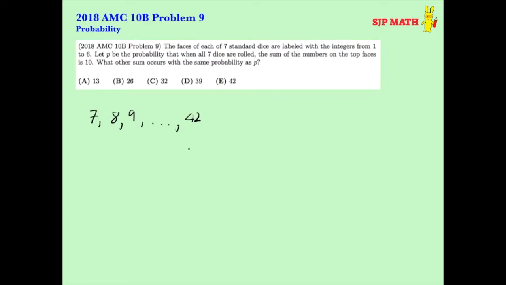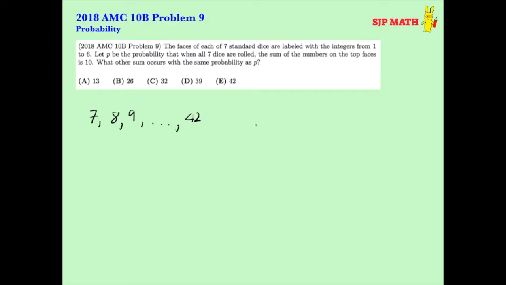We've got all the possible sums here. Now we're going to look at their probabilities so that we can find a sum that has the same probability as P, as 10. So let's change our colors here to distinguish this.